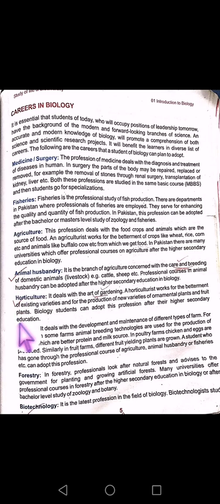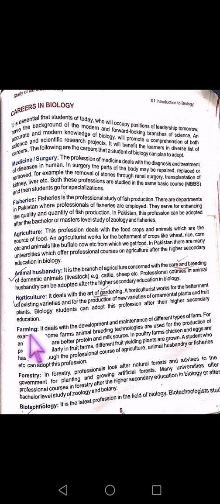Fine. Then comes horticulture. Horticulture is actually the art of gardening, how you do gardening or grow different varieties of plants, flowers, and anything like that, you can even decorate your house's lawns. This branch is called horticulture, and it has a very good career in biology.